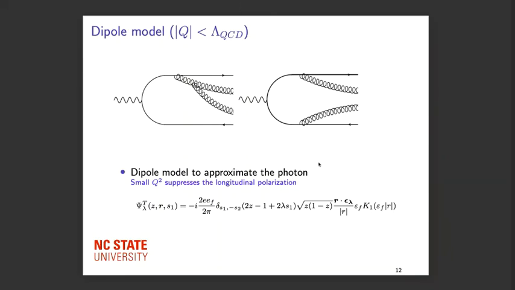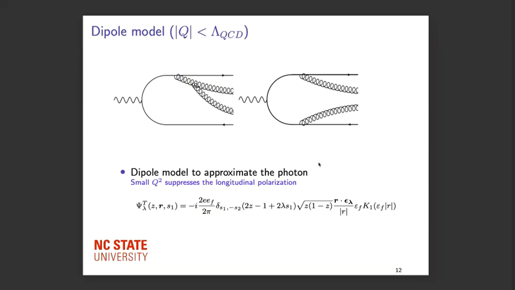So the first step is the photon. Now, because it's non-perturbative, we don't really know what's going on. What we did is take two extreme limits of the photon. The first one is the dilute limit, where you only have the splitting into a quark and anti-quark dipole, and you want to see whether there is any correlation just from this very dilute system.